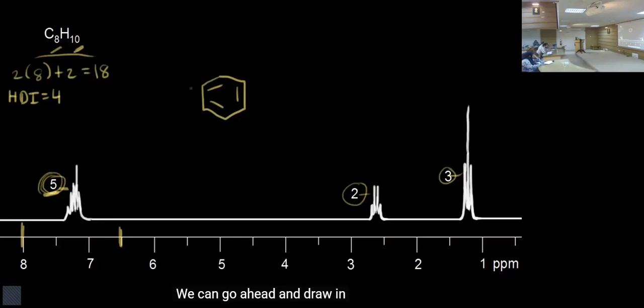So 1 is to 3 is to 3 is to 1. So the peak will be 1, 3 times the intensity of this one, 3 times the intensity of this one, and then 1. So that is 4. So that proceeds further. So can you make the next one?